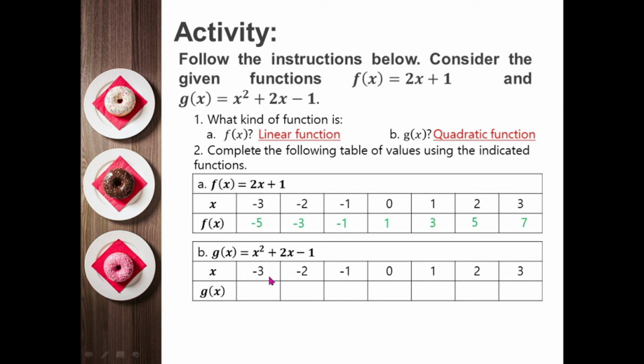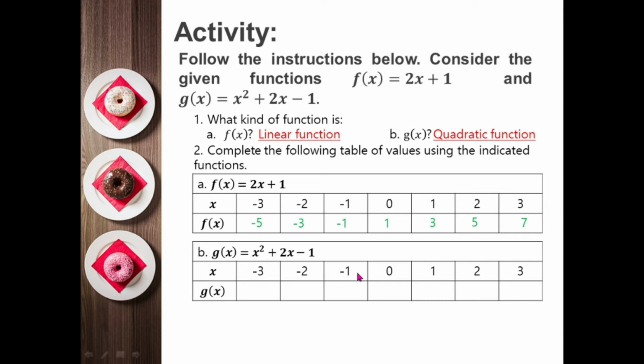If x is equal to negative 3, our g of x would be negative 3 squared plus 2 times negative 3 minus 1. So therefore, g of x would be 2. If x is equal to negative 2, our g of x, yes, we have negative 1.